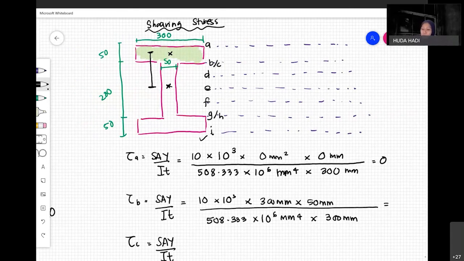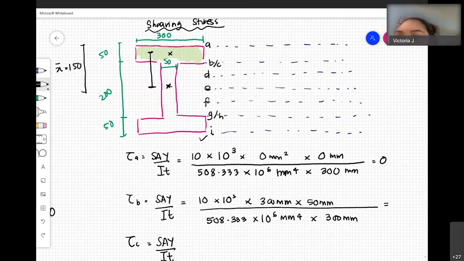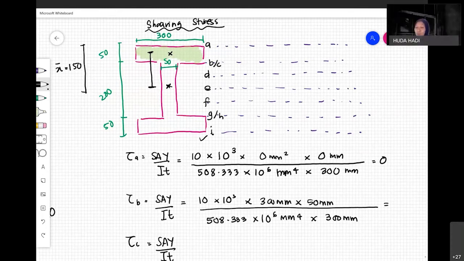So centroid semua you tahu it is 150. Anyone want to answer? 125. Okay, betul. 125. Why? Because 150 you minus dengan distance yang ini. So kalau separuh daripada height 50 mm of area above B ni, this is 25. So 150 minus 25 then you get 125.